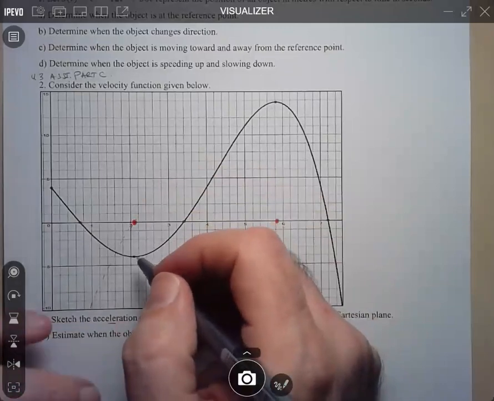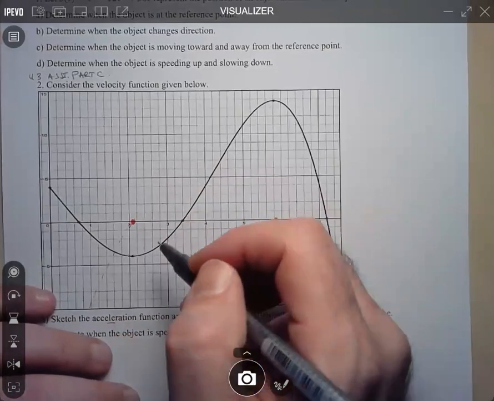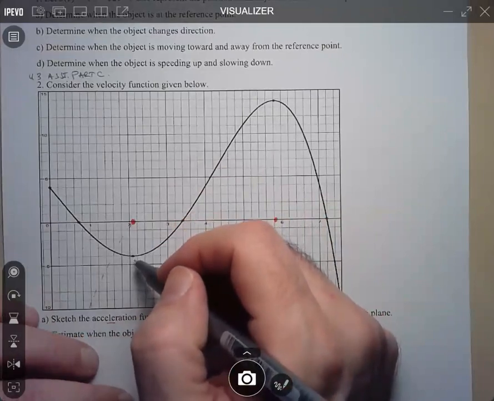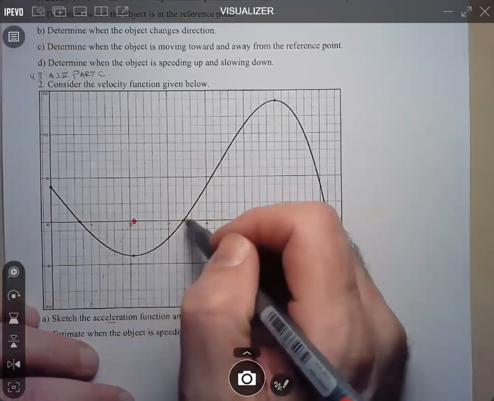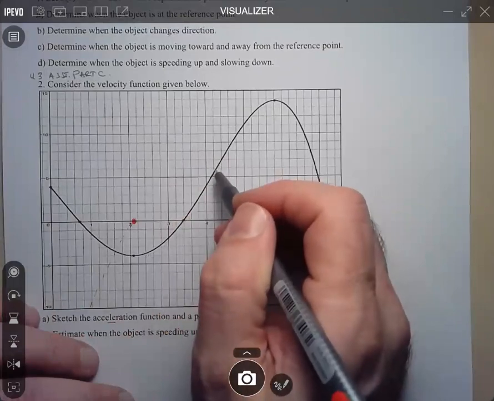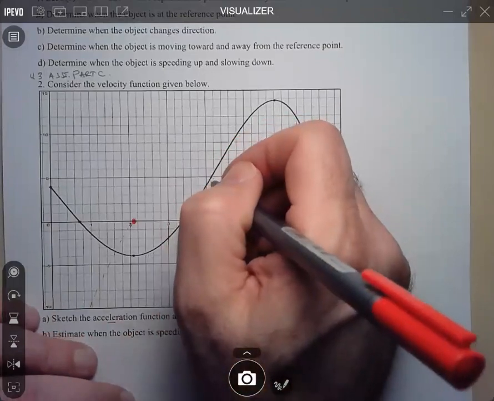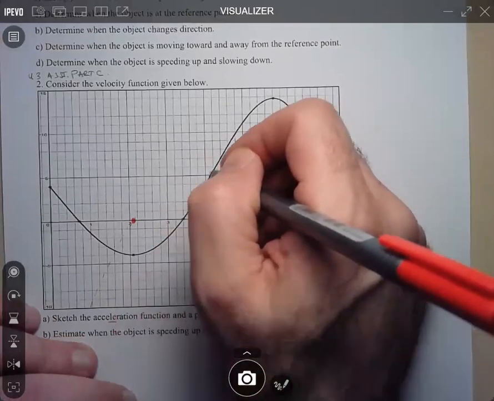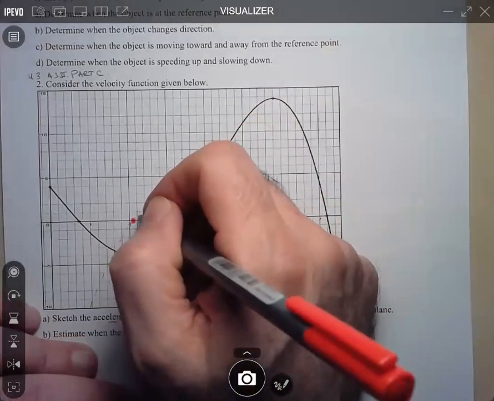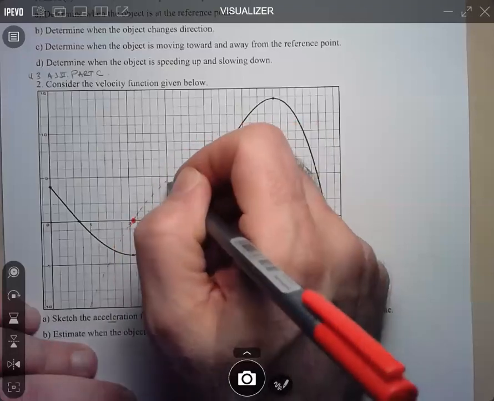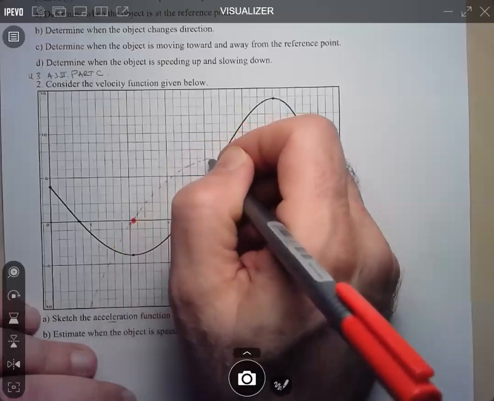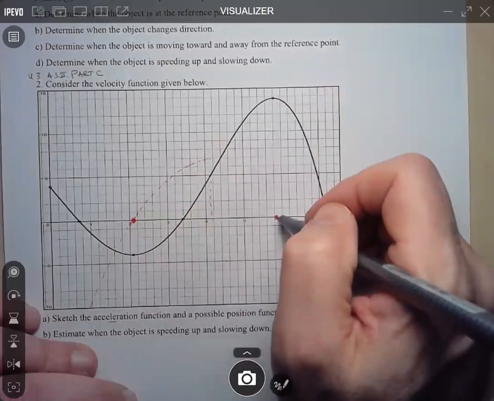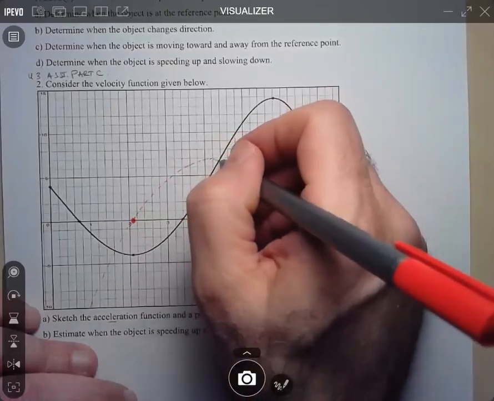What am I doing here? I need to find the derivative of this function, so I'm going the other way around. Here we see that the slopes of the tangent are positive, and they're getting more positive till about this point here. At around this point, the tangents are starting to get less steep. So this is going to reach a maximum value somewhere there, and then the derivatives are going to get less positive until I get to this point here.